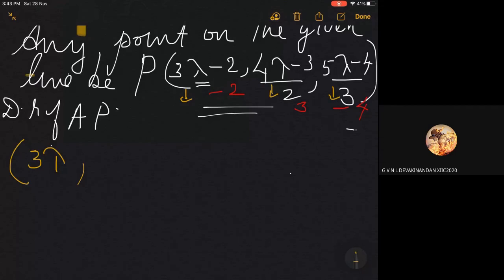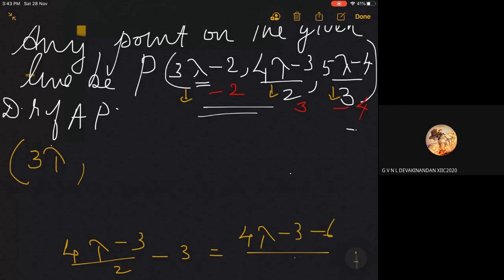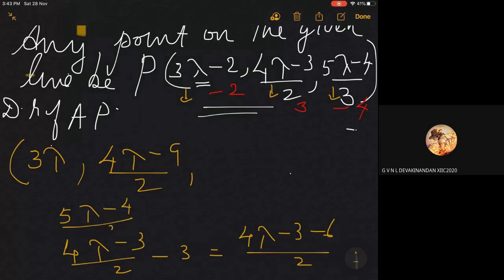The next one is 4 lambda minus 3 by 2, minus 3. This needs a small simplification: 4 lambda minus 3 minus 6 by 2, so you'll get 4 lambda minus 9 by 2. The next is 5 lambda minus 4 by 3, minus 4, so it becomes plus 4.